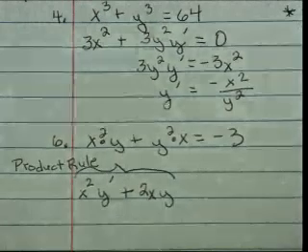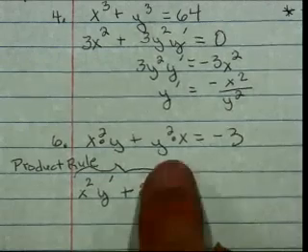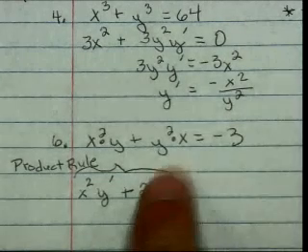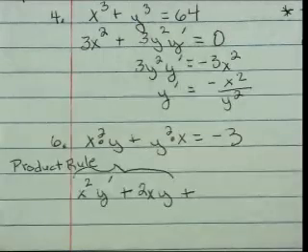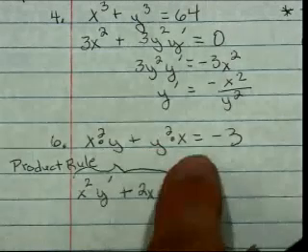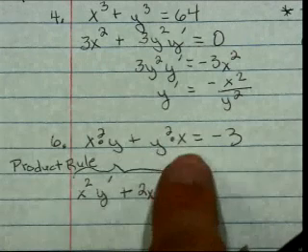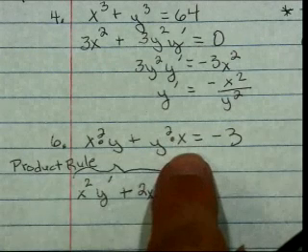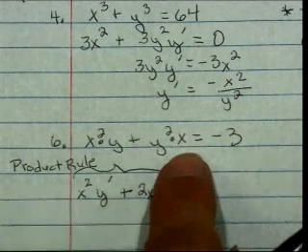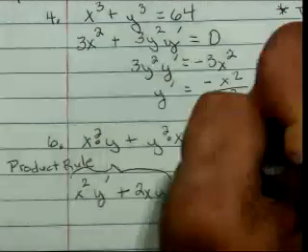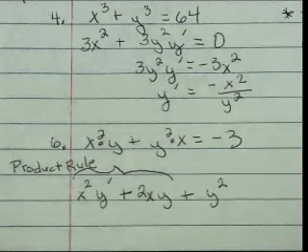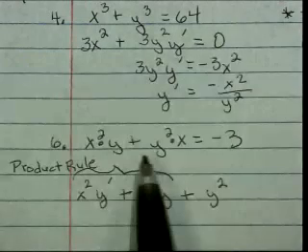Now I'm also going to have to use the product rule on this second term. So bring down the plus. Product rule starts the first factor times the derivative of the second. What's the derivative of just x? 1. Do you have to write that 1? No. Y squared times 1 is just y squared. That's the first factor times the derivative of the second.